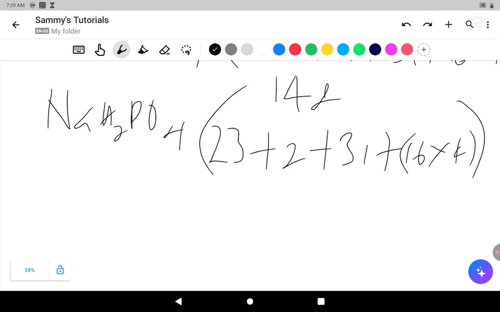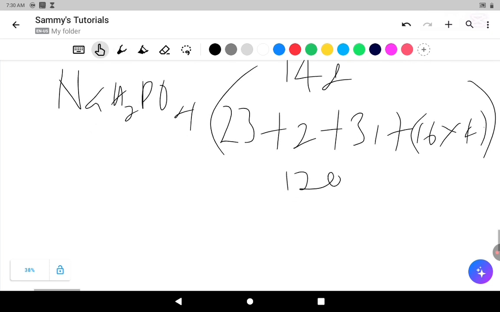So we have 120. Actually, it will be around 119, but let's take 120, our round figure for this. So now when we have got this, we now do this.